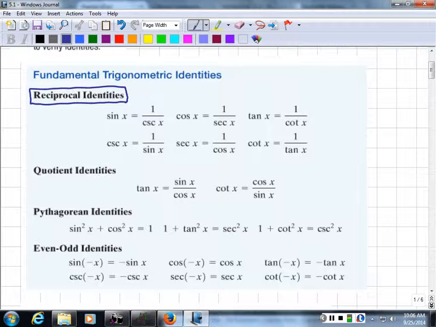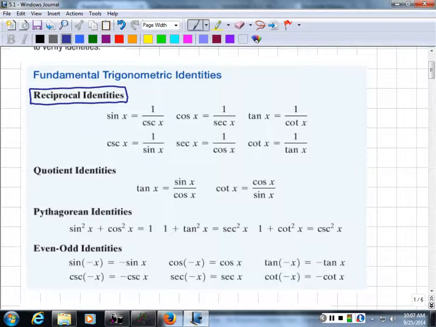Just like cosine of x will be 1 over secant of x, tangent of x is 1 over cotangent of x, cosecant of x is 1 over sine of x, secant of x is 1 over cosine of x, and then cotangent of x is 1 over tangent x. Reciprocal. That's it. Okay? That's all you got to remember about that.